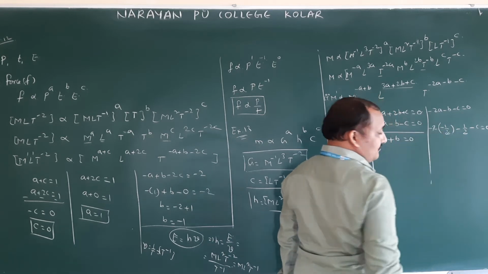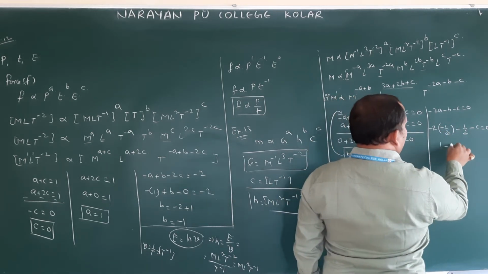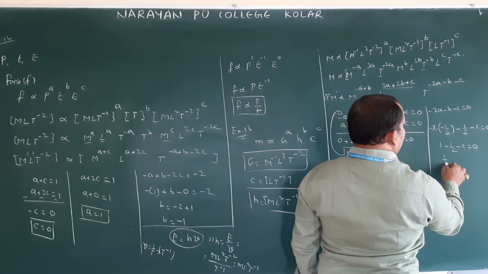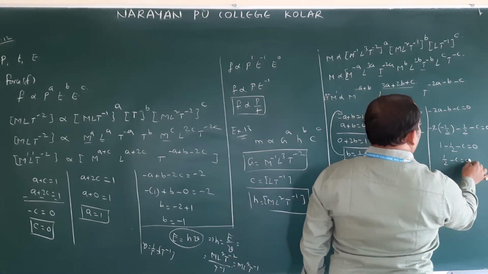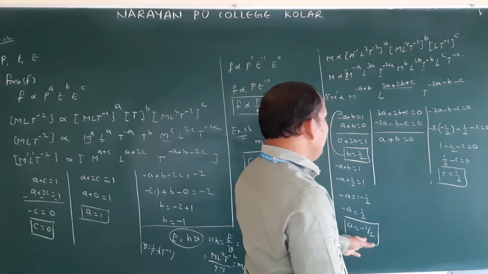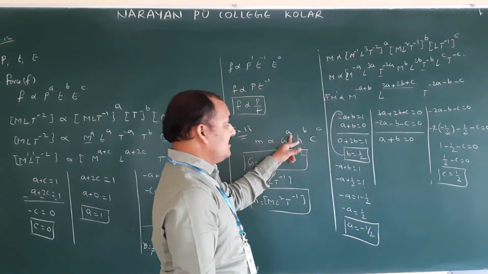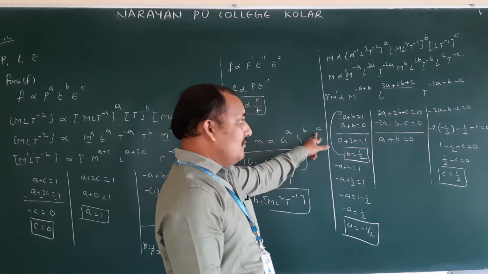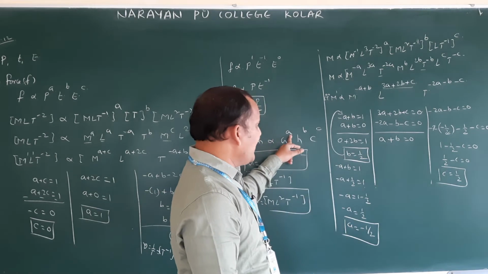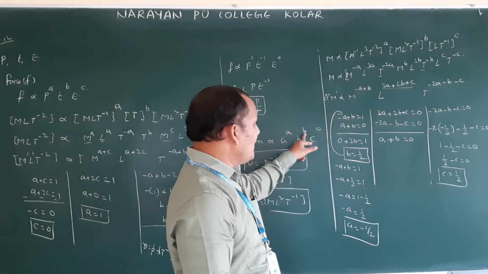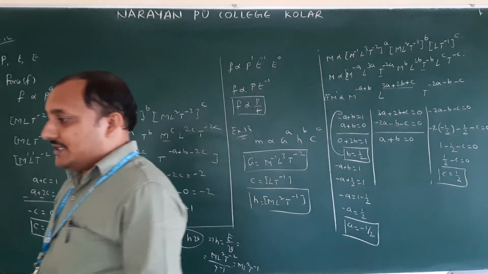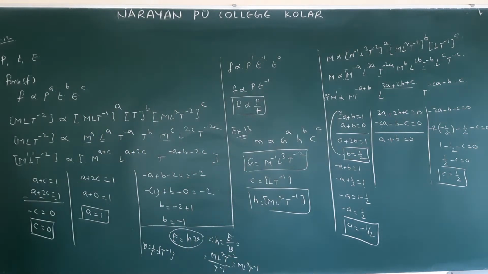Minus 1 into minus 1 plus 1, 1 minus 1 by 2, 1 by 2 minus C equal to 0. And C is equal to 1 by 2. So A value, B value, C value we can substitute here: minus 1 by 2, 1 by 2, 1 by 2. You can substitute. Then you are going to get the answer. Okay.